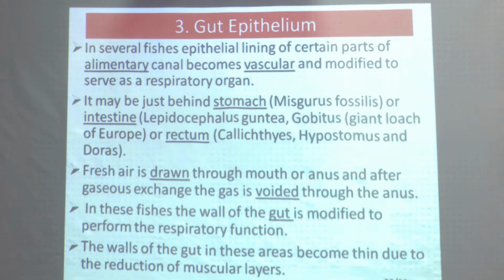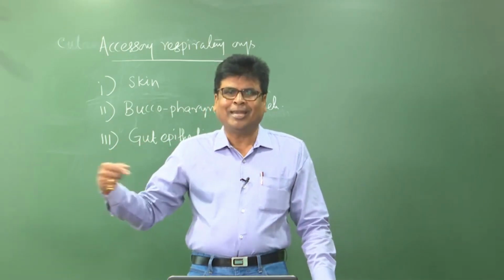That means the stomach, intestine or rectal portion may be vascular. Then how does the air enter? The fish will swallow fresh air, which is drawn through the mouth or through the anus into the alimentary canal.